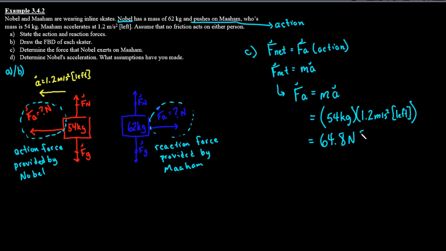And remember, that force is going to be in the same direction as that acceleration. So the force that Nobel exerts on Mayhem, if we go to our significant figures of 2, is 65 newtons in the left direction.